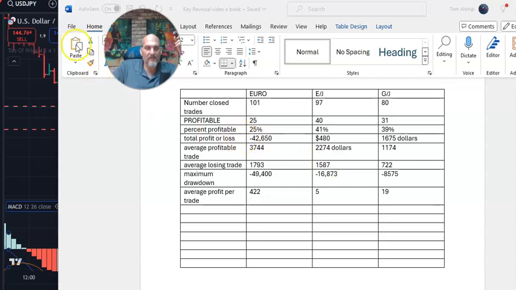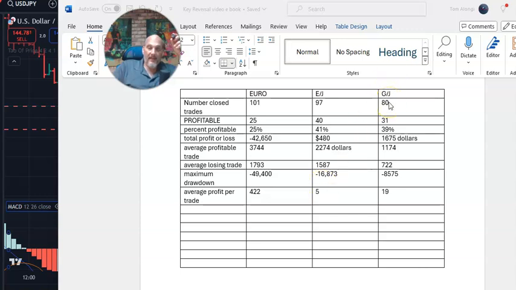Let me check that number, make sure I didn't transpose something. No, that was correct. Total profit was $480, average profitable trade was 2,274, average losing trade was 1,587. Maximum drawdown was 16,873. So if you took your average profit per trade, it's $5. Wow, not good.